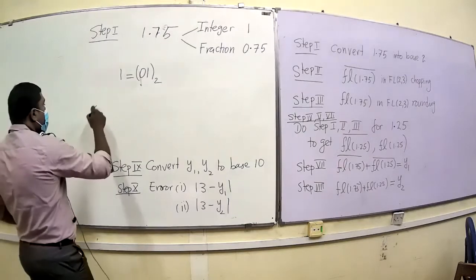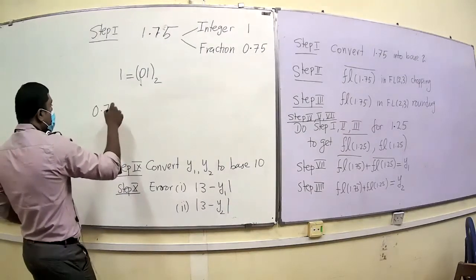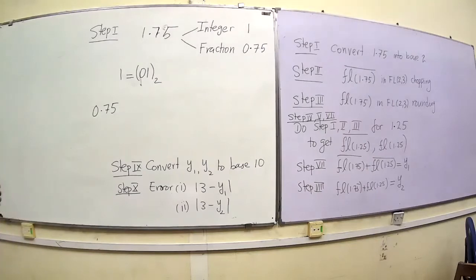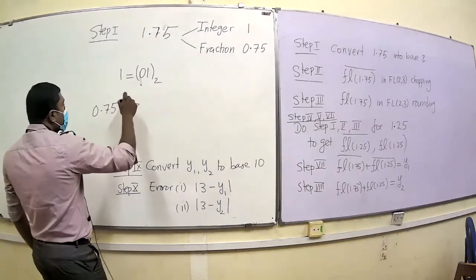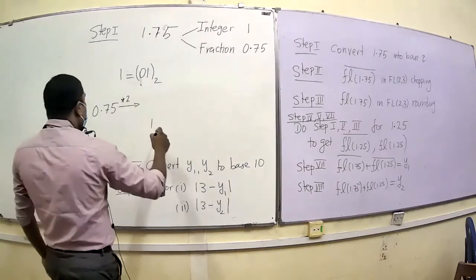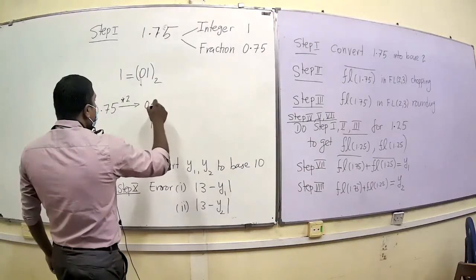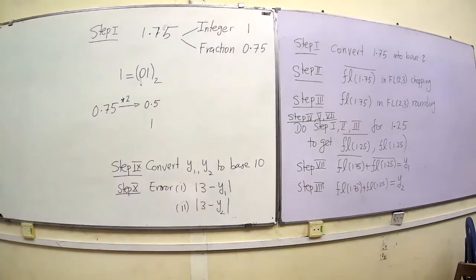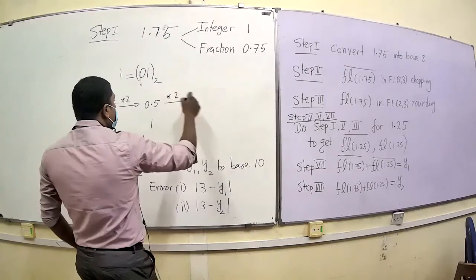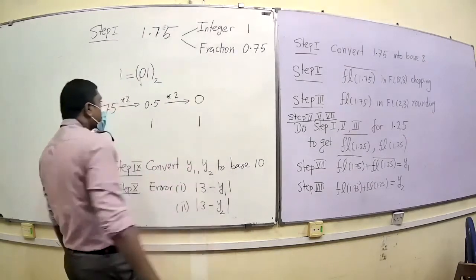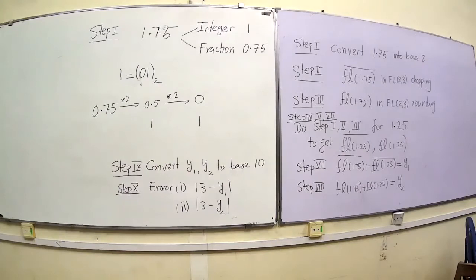So the idea is this. You go back to Horner's algorithm, the first step we studied, right? So what you do? You multiply this by 2 and put the integer part down and the fraction part there. And then again multiply by 2, put the fraction part here, integer part here, right?